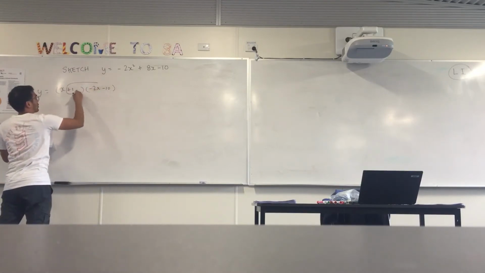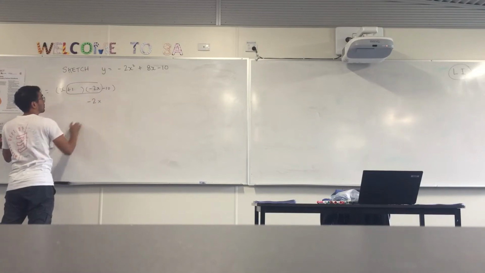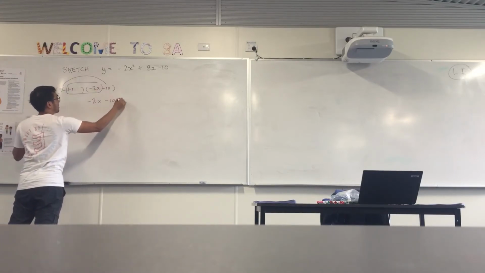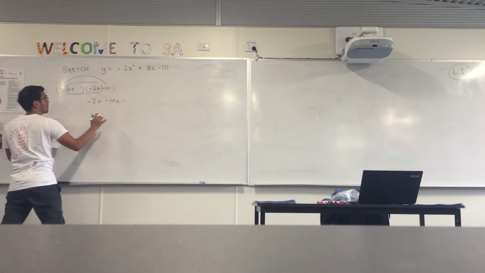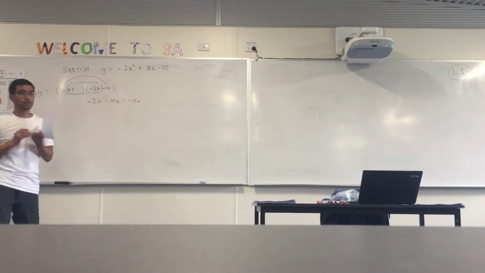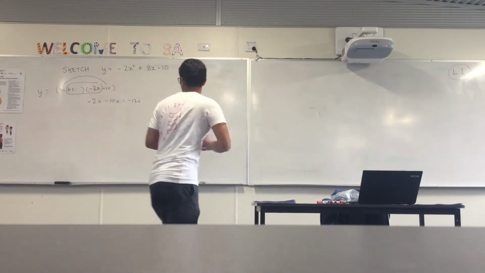Let's see if this works. 1 times negative 2x, and if I bring these two, negative 10x. Does that make the middle 8x? Not quite. Good try. Incorrect.